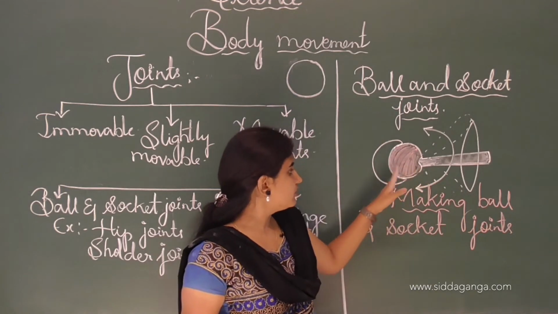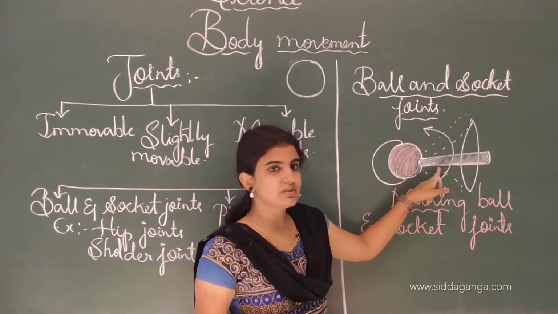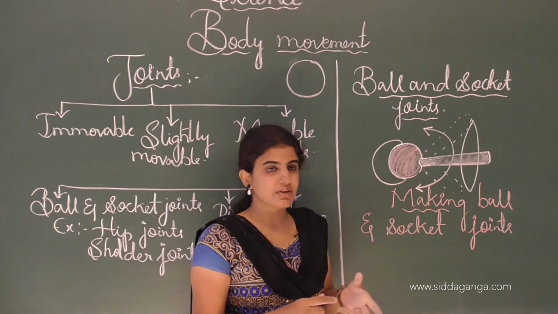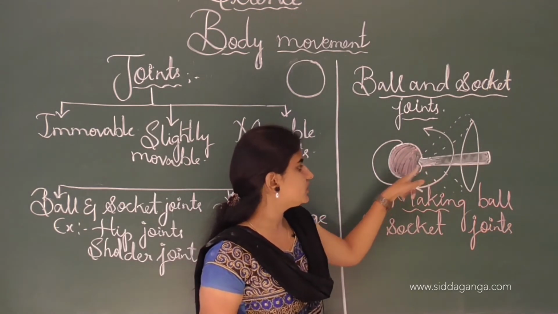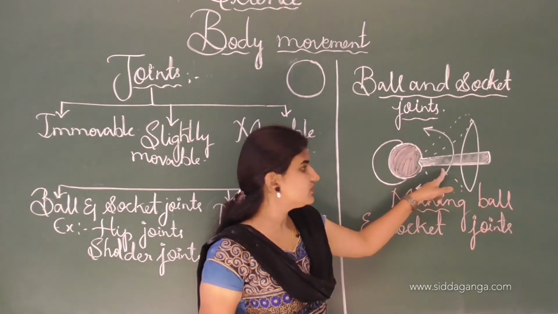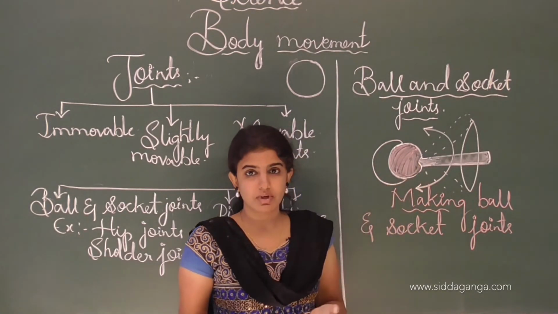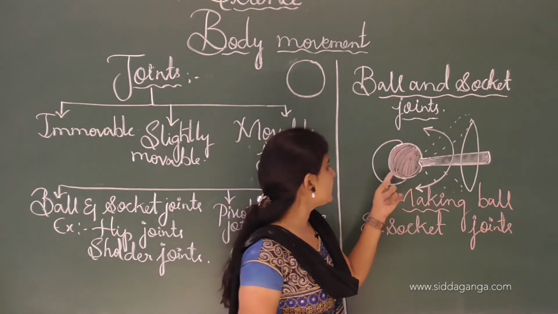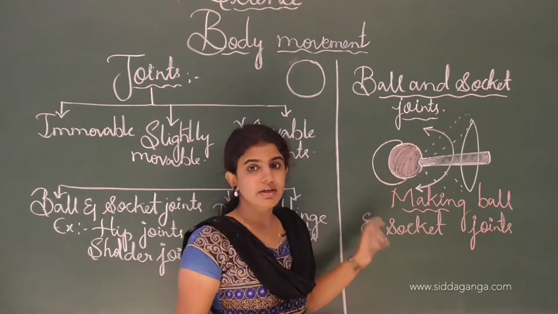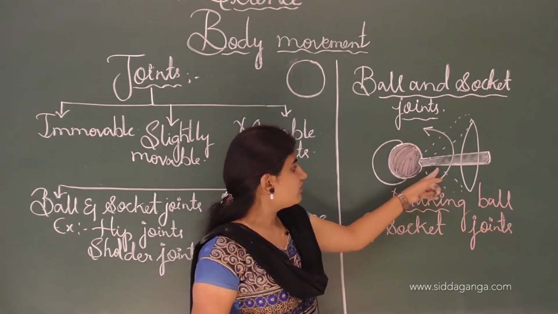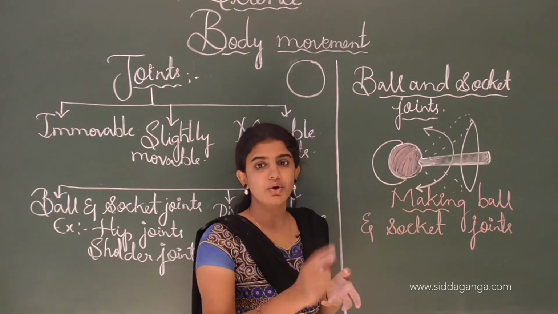Once the ball and the cylinder are ready, we fix both the ball and the cylindrical paper using some gum, and afterwards we place it in a bowl, and later we can see that it will rotate in all directions.